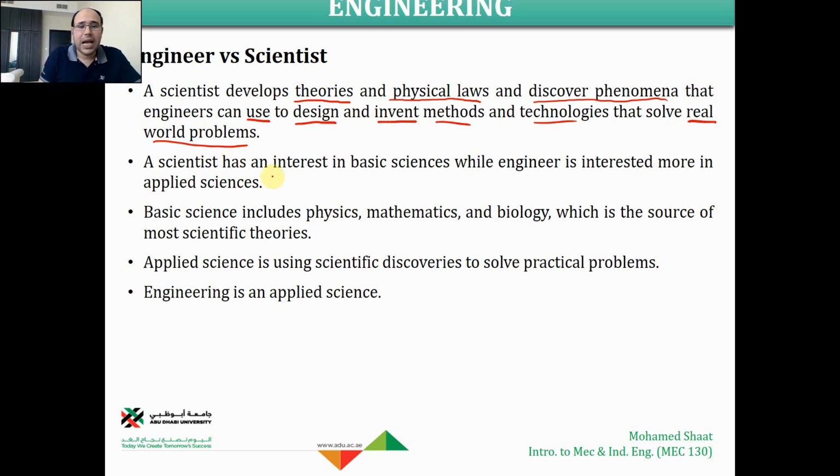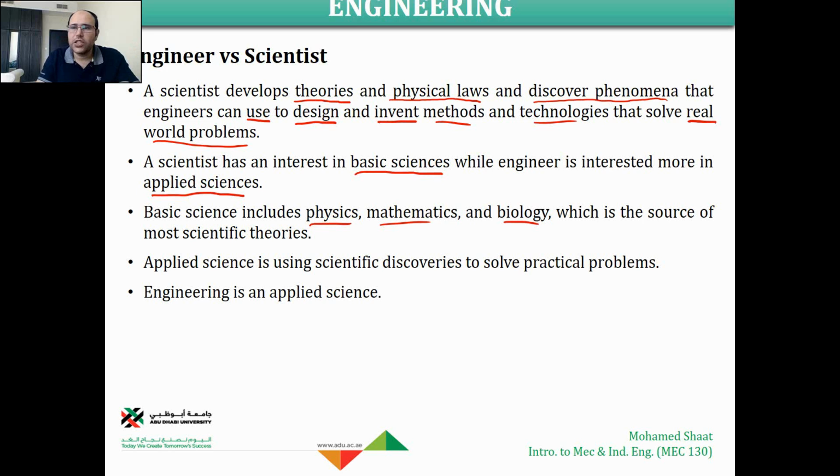A scientist has an interest in basic science, while an engineer is interested more in applied science. So what is the difference between basic science and applied science? Basic science, this is the interest of the scientist, but the engineer is more interested in applied science. What is the difference? Basic science, for example, physics, mathematics, biology, these fundamental fields of science, they are the source of most of the scientific theory that we are using today.